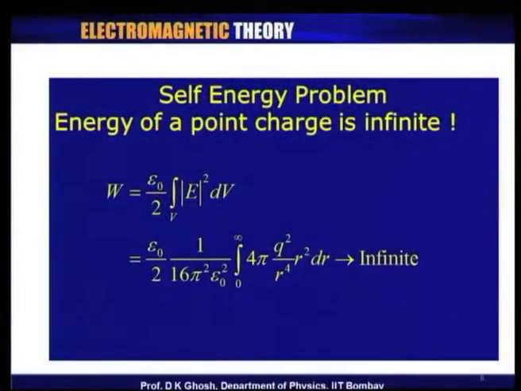Now, we can actually calculate how much it is, because we have just now seen the work done is epsilon 0 by 2 mod E square dV, and now let me assume that I am talking about creating a point charge. So, E square is q square by r to the power 4 and r square dr. You notice that this expression blows up at the lower limit.